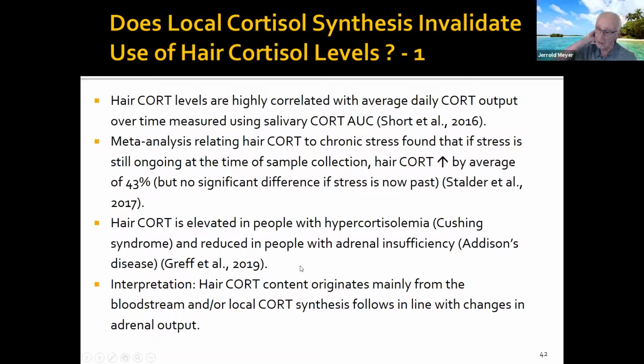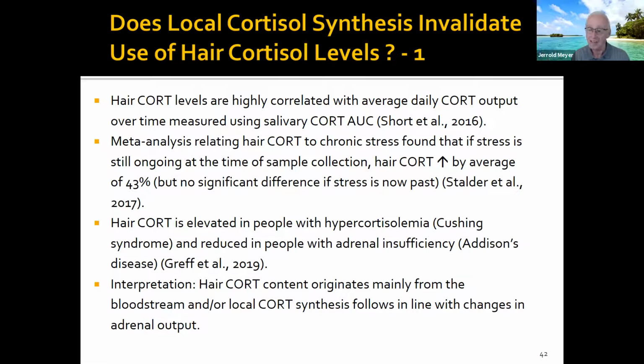So we take all that together. My interpretation, this is my interpretation, is that hair cortisol mostly, again, we can't know how much might be coming from local synthesis, but at least mostly originates from the blood. Or we can't rule out the second possibility that this HPA axis in your follicles responds the same way that your adrenal glands do.